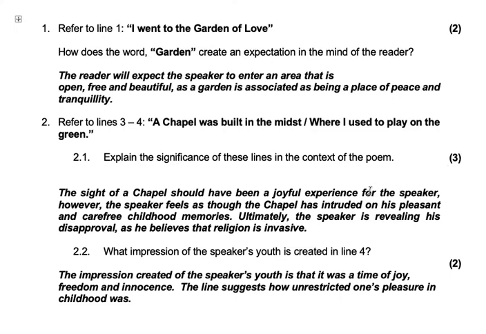So what is actually happening here in this line? Okay. So I would say explain line 3, explain line 4, and then say how it fits in with the context of the whole poem. So again, you need to refer to the poem as a whole. A chapel was built in the mist where I used to play on the green, right?